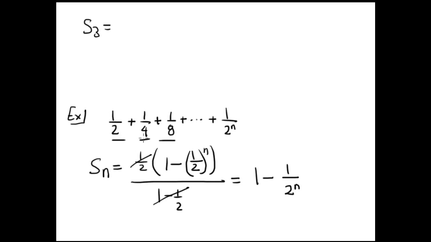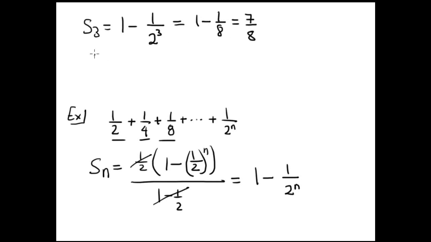We can do it by hand, of course, but we're using the formula 1 minus 1 over 2 to the third power, because n is 3. 1 minus 1 over 8 is 7 over 8.